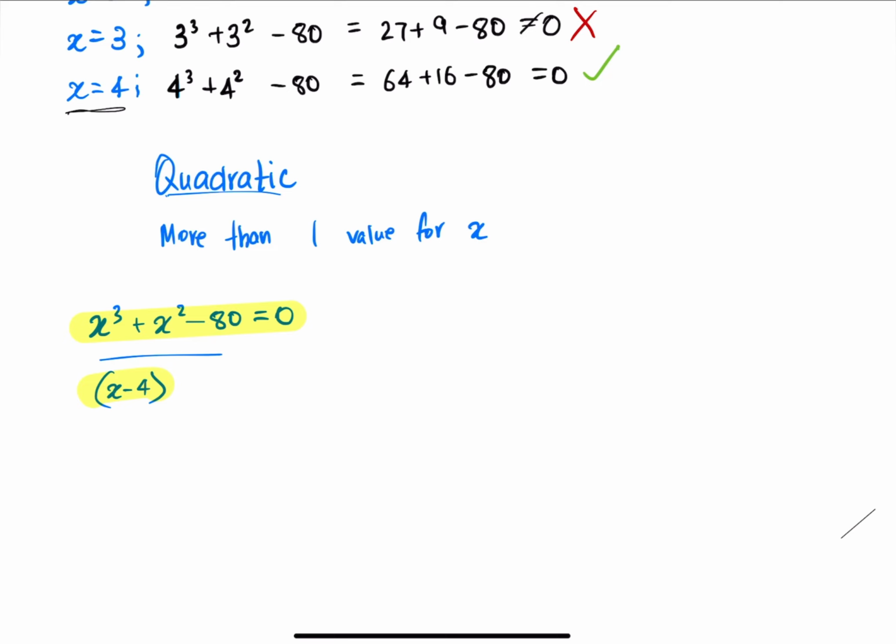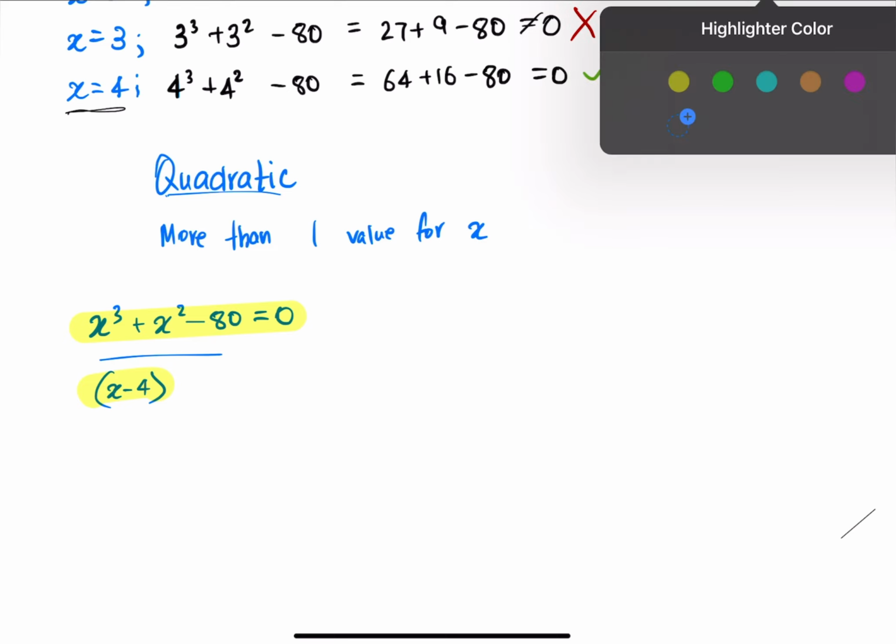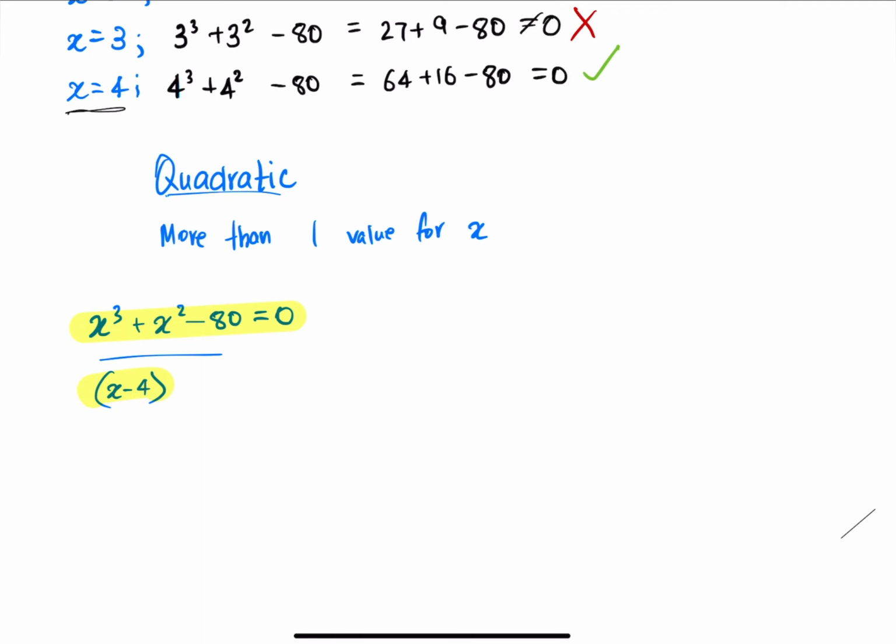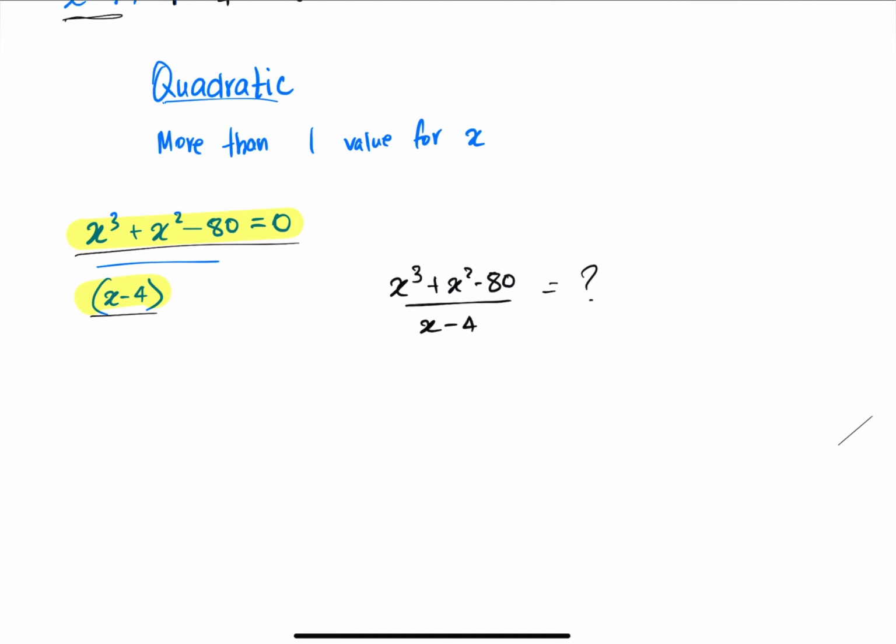So we could divide x cubed plus x squared minus 80 by x minus 4 to give us something else. But we're going to be using a different shortcut method to do that.